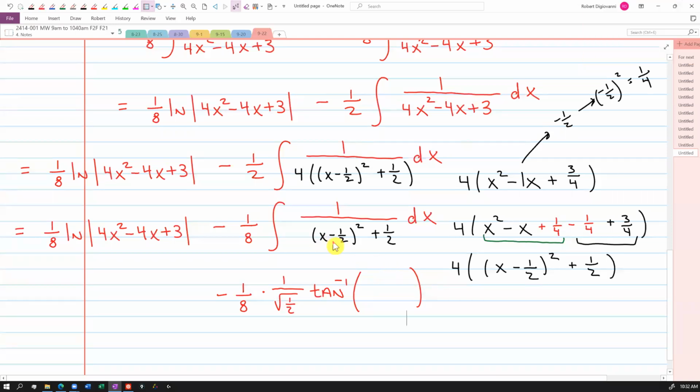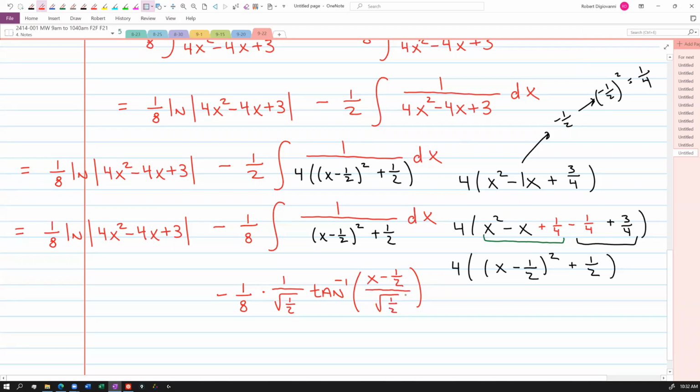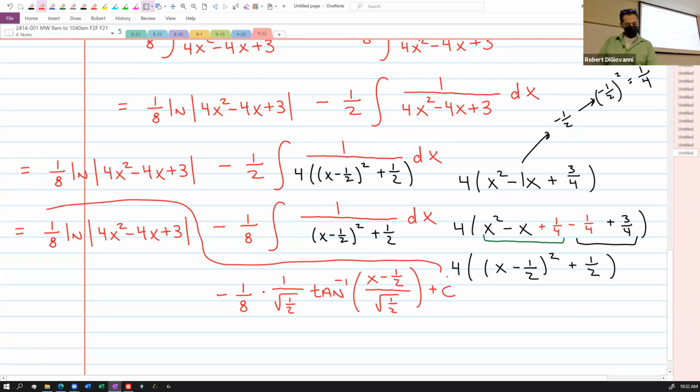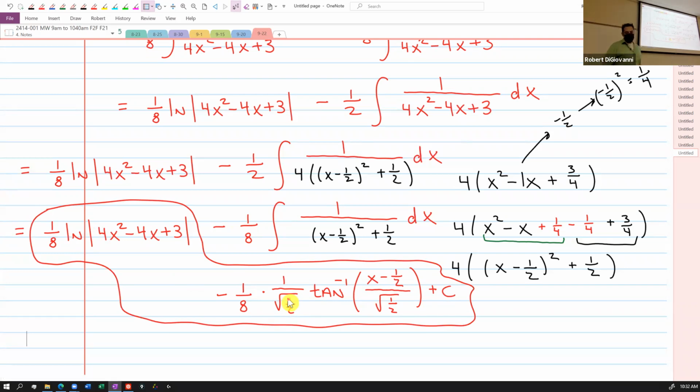X minus 1/2 over the square root of 1/2. Let's see. We're done. There's probably some algebra we could do here, but this would be fine on a test if you just left it like that. What do you think? That's kind of weird, huh?